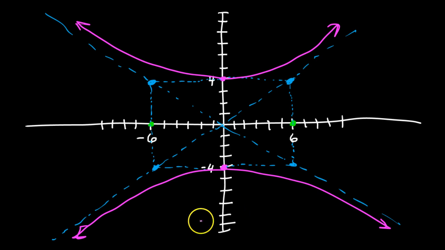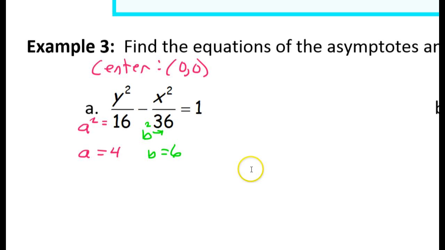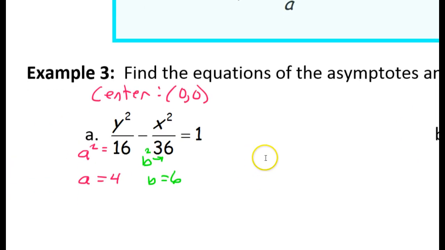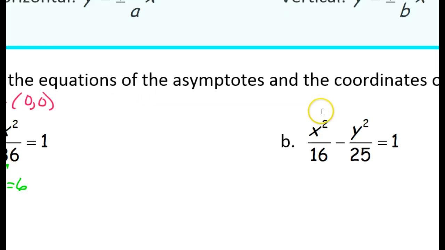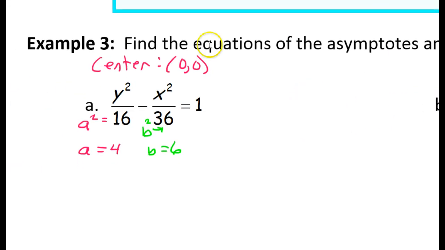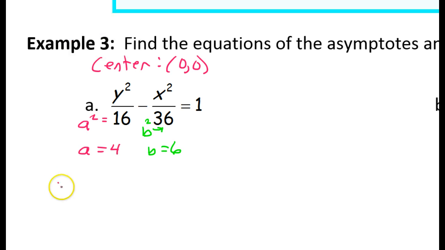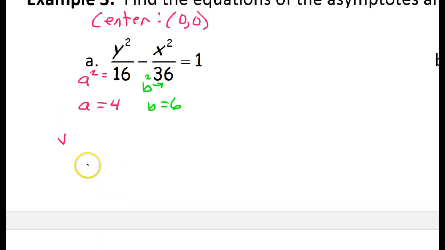All right, now let's look back at what they asked us to find. We're supposed to find the equations of the asymptotes and the coordinates of the vertices. So we already found the vertices. So let's write that down. Did they give us any blanks or anything?